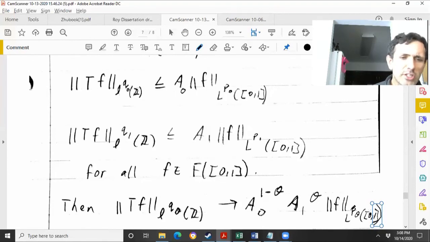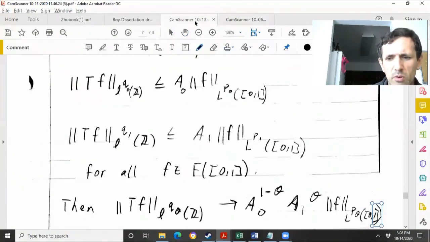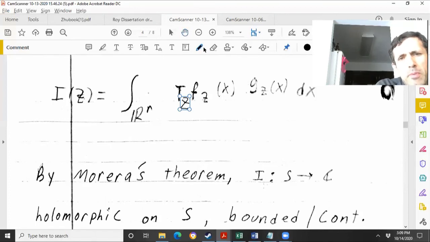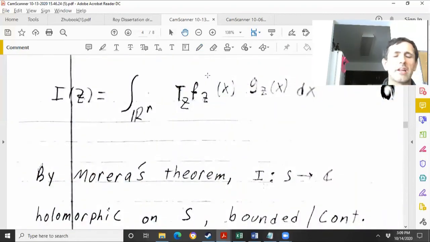And if you set conditions on T_z so that you can use the Hadamard three lines theorem with respect to this function I(z), defined basically the same way, then you get a very powerful extension of Riesz-Thorin for such an analytically varying family of operators. And this is called Stein's interpolation theorem.